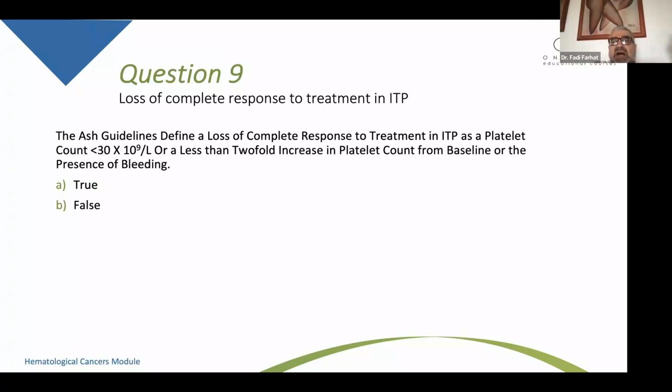If the platelet count from baseline decreased by half, it's a loss of response. I mean, if the patient gets up to 100, then after that 50, it's a loss. Or if the count is less than 30,000. So is it true or false?